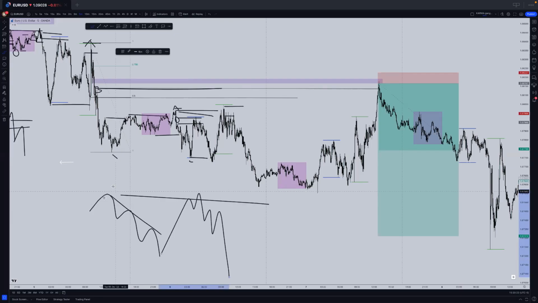Any point that you see an external liquidity, once you see this reaction, you get in. That is the smart move, even when it does not have a point of interest. External liquidity, confirmation, entry. External liquidity, confirmation, entry.